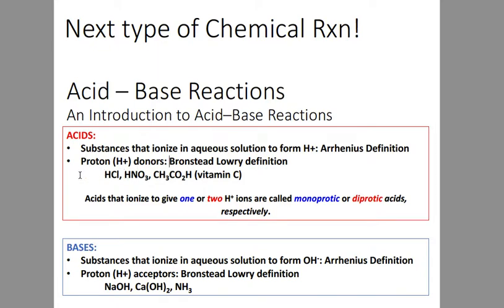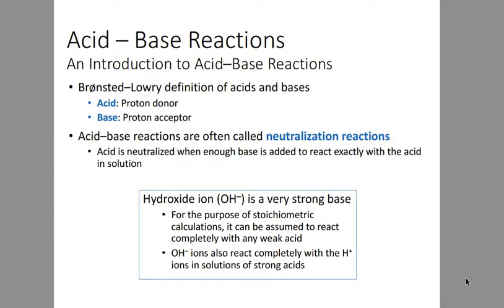So typically when we are dealing with the Bronsted-Lowry definition of an acid, we're calling something a proton donor. And when we're dealing with the Bronsted-Lowry definition of a base, we're dealing with a proton acceptor. So we're going to see examples of this in the next few slides. So acid-base reactions, as we said, acid would be a proton donor, base would be a proton acceptor.